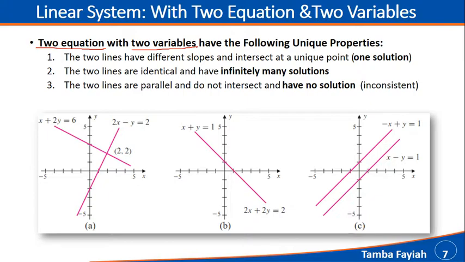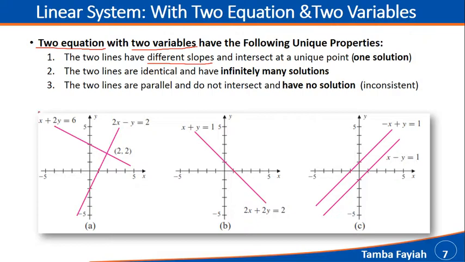The two equations in this system will have different slopes and hence will intersect at a unique point. So such a system with two equations that have two different slopes will intersect, and such a system will have a single solution.